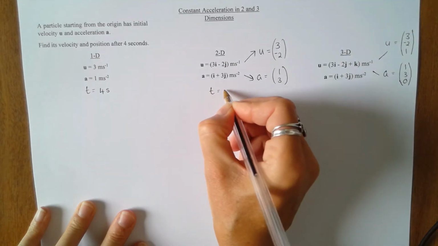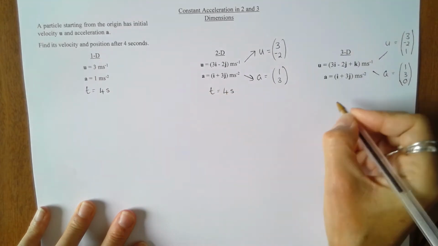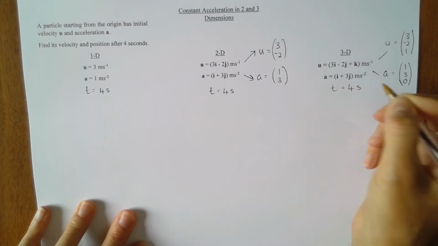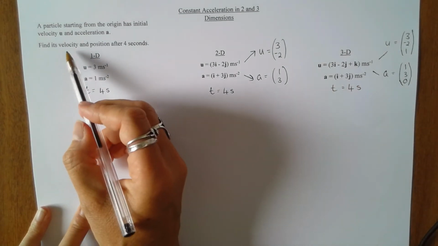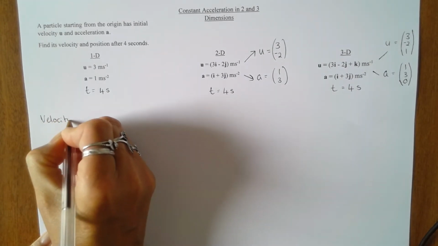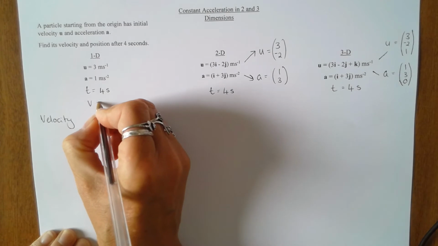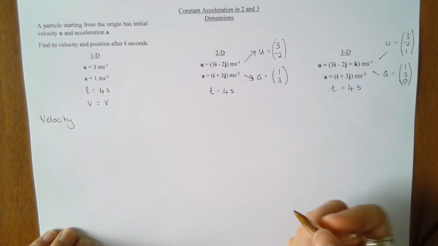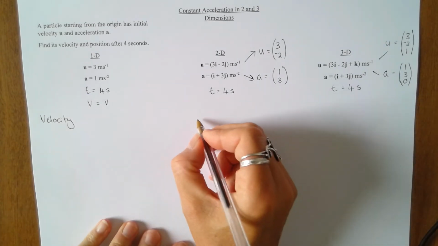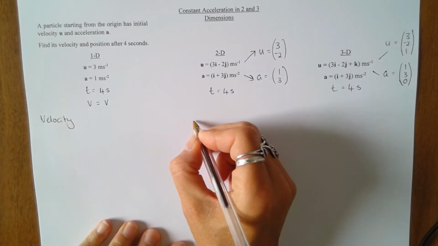And that's just a scalar quantity here, the same in each scenario. And we've got to find the velocity first, so velocity v, we don't know, so I'll just call it v. So we have v, u, a and t, so the obvious choice here is v equals u plus at.